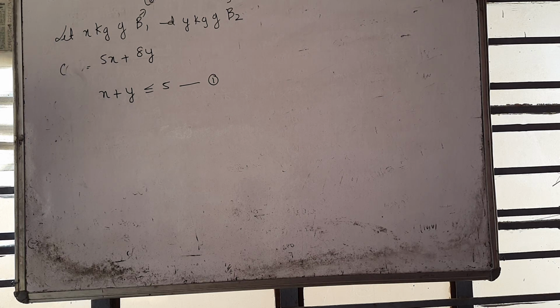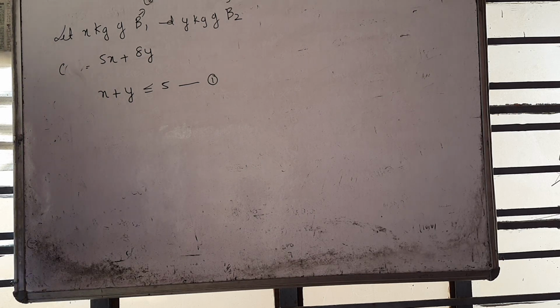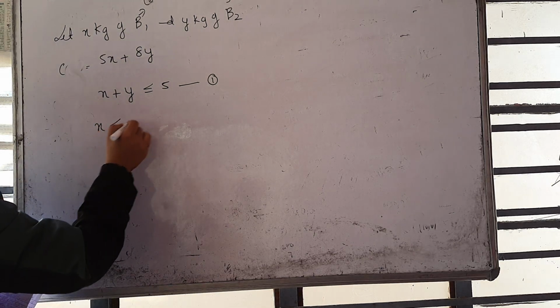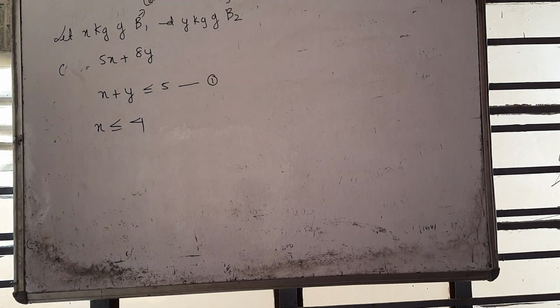Next up, listen. Strength consideration dictates that the brick should not contain more than 4 kgs of cement, B1. The maximum cement that should be contained in the brick is 4 kgs. So cement is X, yes or no? X is less than or equal to 4. The quantity of cement can't be more than 4 kg.